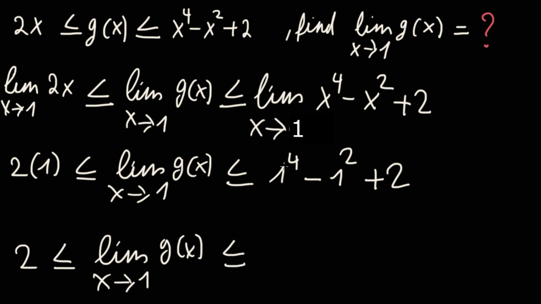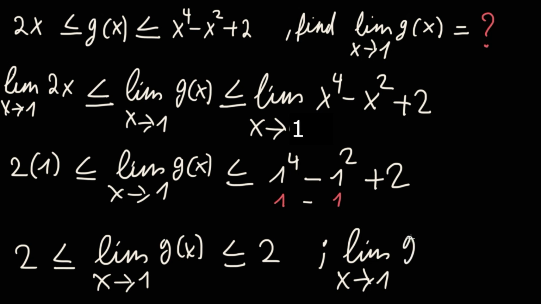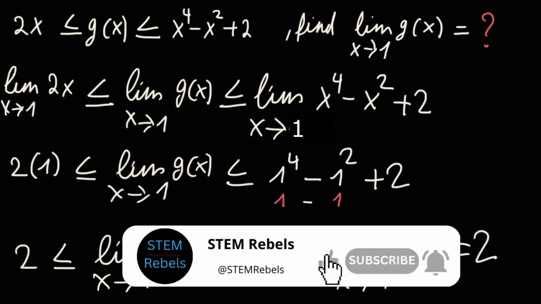And 1 to the fourth power is 1, minus 1 squared is 1. So that will become 1 and 1. And 1 minus 1 is 0, and 0 plus 2 is 2. So that means that the limit as x approaches 1 for g of x is equal to 2. That is the answer.